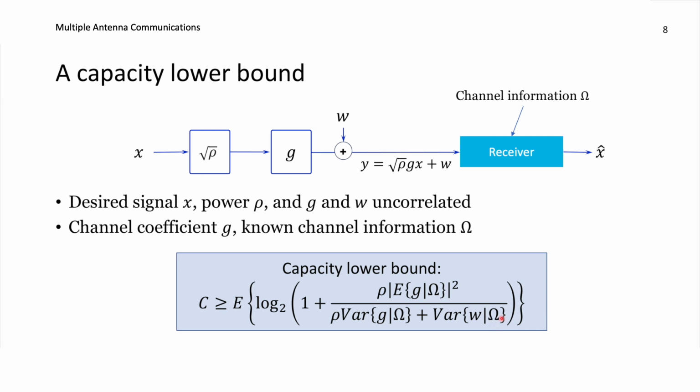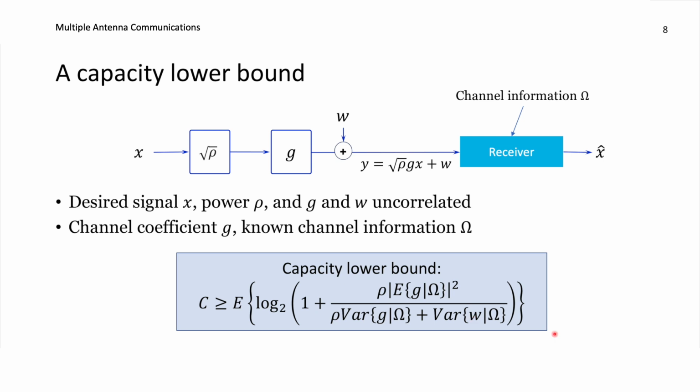And in some cases, omega can contain later on not only information about our desired channel, but also channels to other users. And W will then contain interference from those users. And that is where this omega and W are entering this expression as well.